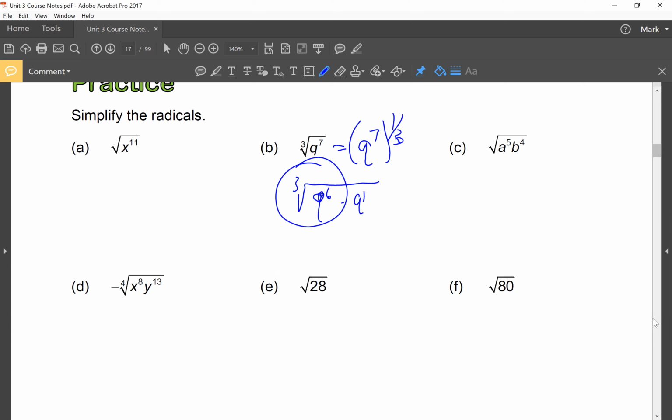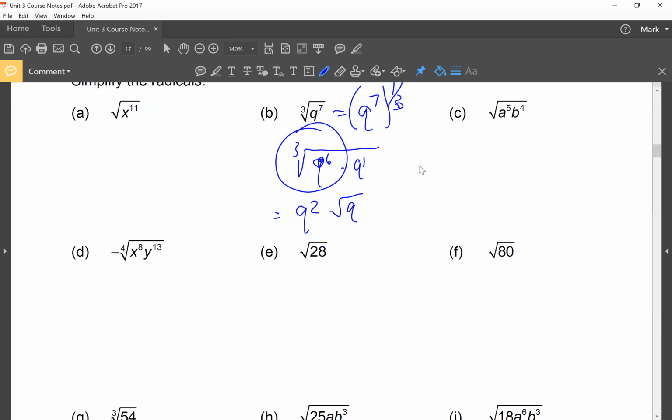And that will let me divide that by 3. So what I'll end up getting is q squared times the cube root of q. Phew, looks a bit crazy, but that's the answer. I can take the cube root of q to the power of 6, it's going to be q squared, and that leaves me with a cube root of q.